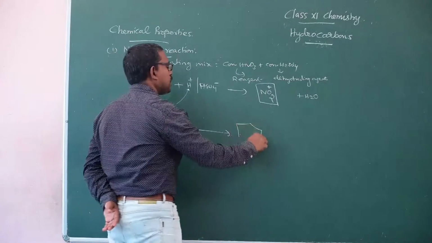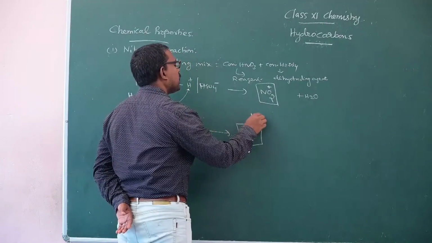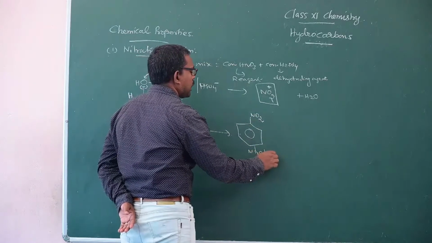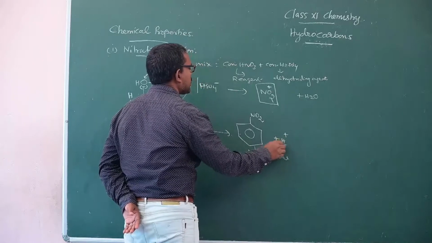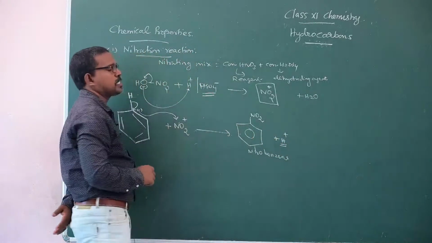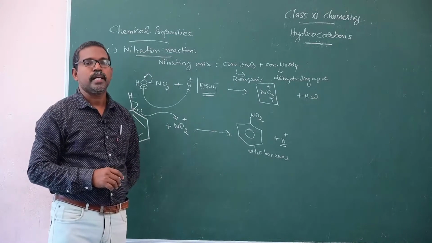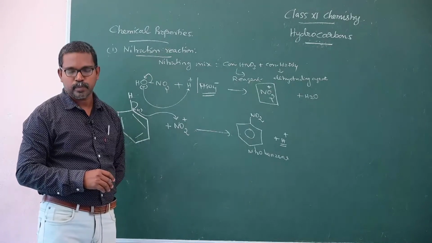The hydrogen atom is cleaved from the substrate, so it gives NO2, nitrobenzene. H+ is regenerated. This H+ combines with HSO4-, again giving sulfuric acid. The nitration reaction leads to the formation of nitrobenzene.